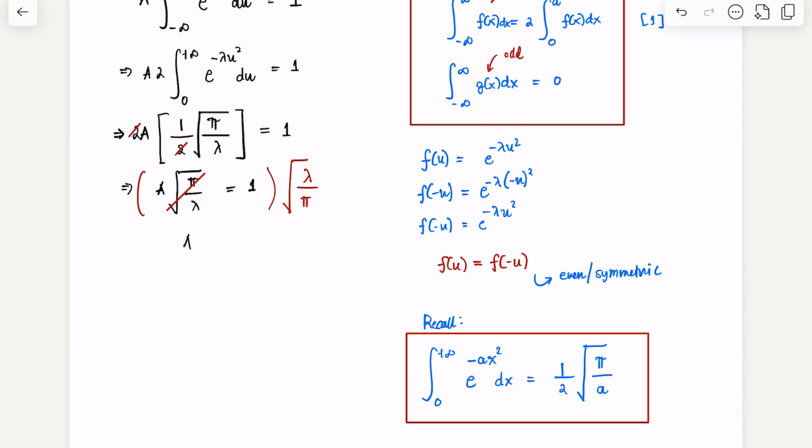Now a is simply the square root of lambda all over pi. So this is the value of a for your probability distribution function above. Okay, so that's the value of a. It should be the square root of lambda over pi.